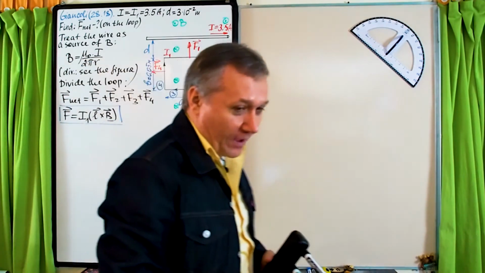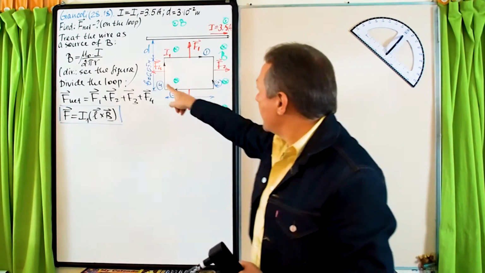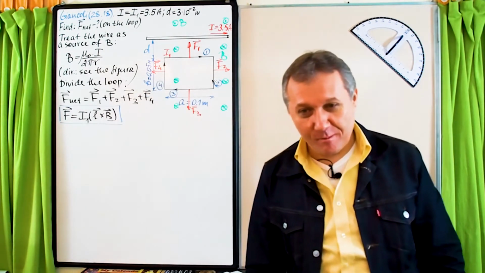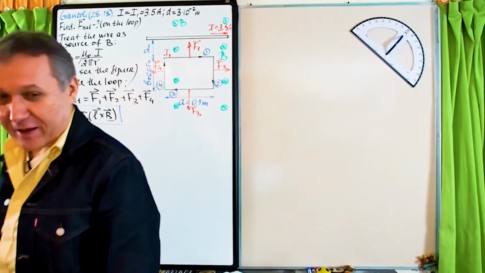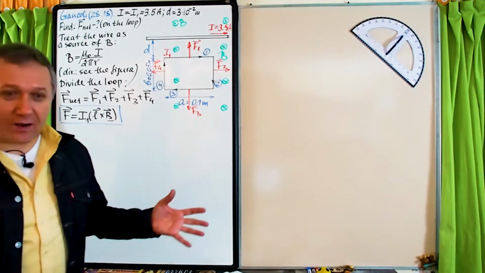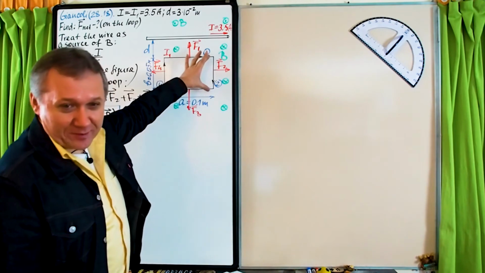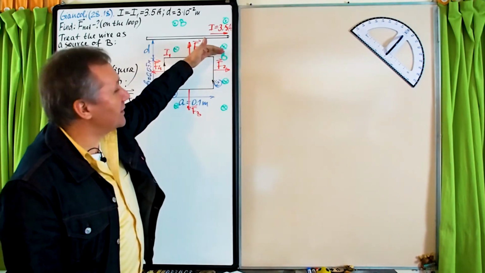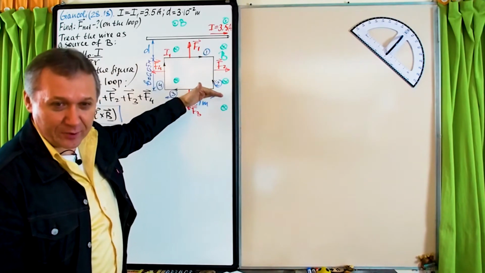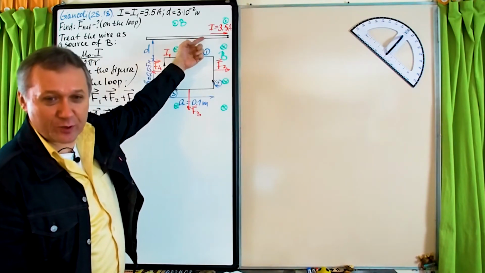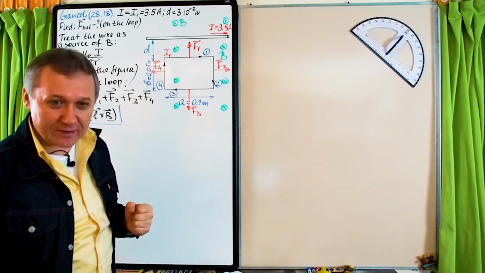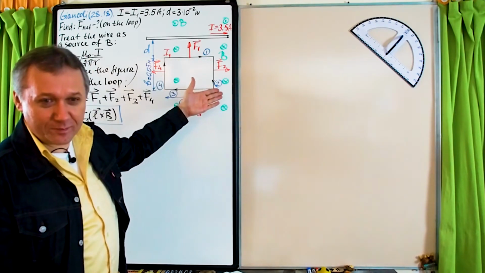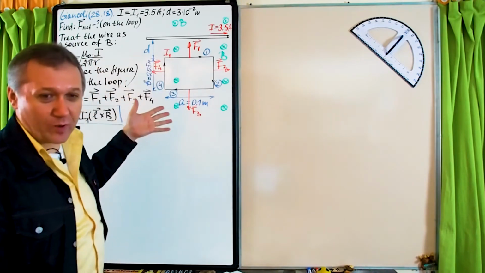Now, what can you say about forces F2 and F4? They have the same length, right? Exposed basically to the same magnetic field because they are at the same distance from the source of the magnetic field, and the same current flows through this wire and that wire.